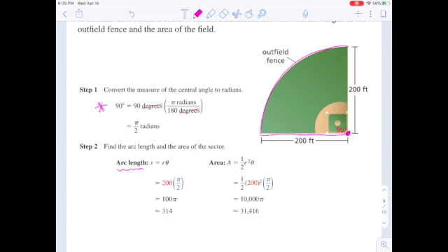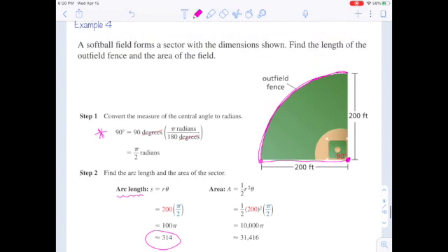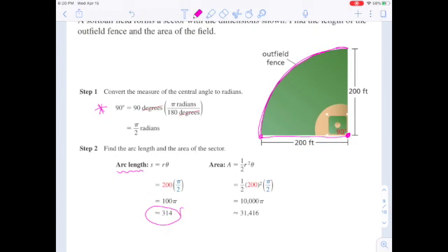All right, moving on, we're going to find the arc length, which is the length all along the outfield fence. So you take 200, which is the radius, and multiply it by your pi over 2. Simplify that down, and you get 3.14 feet.